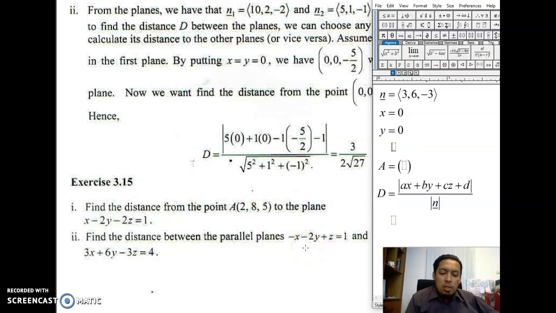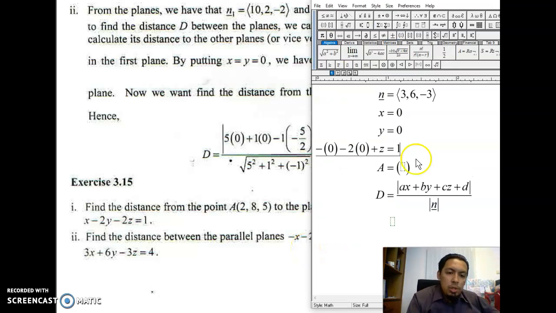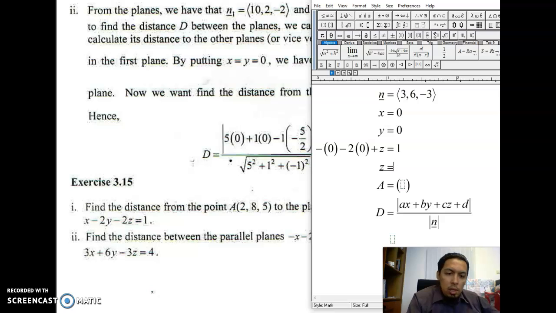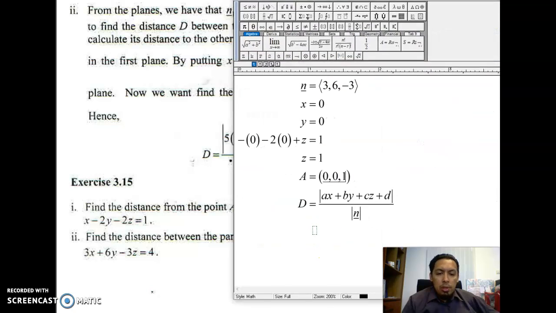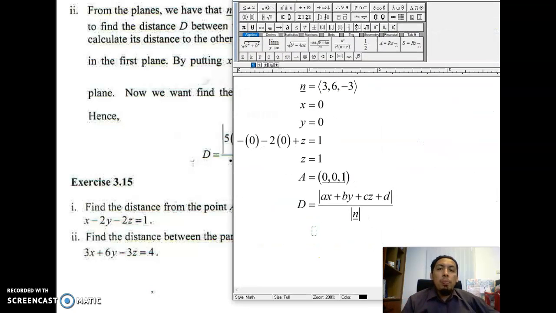So we'll just substitute everything. We should get z equal to 1. In other words, in a situation where x equal to 0 and y equal to 0, z is 1 for this plane. So now we have 1 point that sits on that plane.